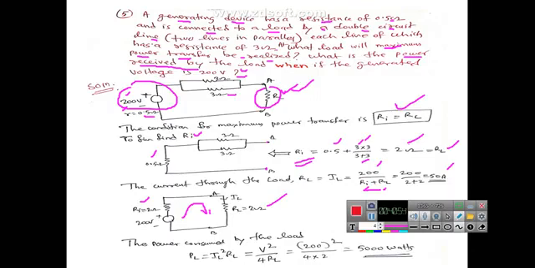V is 200, so 200 square divided by 4 into 2, that is 5000 watts. Suppose you substitute the current also: 50 into 50, 2500 into 2, that is also 5000 watts. So you can make use of either formula to get the power consumed by the load.